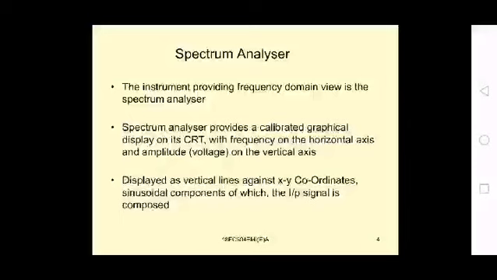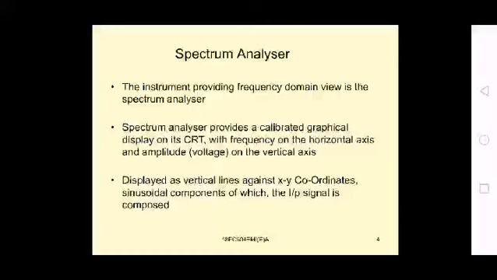The spectrum analyzer provides a calibrated graphical display on its cathode ray tube, with frequency on the horizontal axis and amplitude, meaning voltage, on the vertical axis. It provides the calibrated graphical display on its CRT.